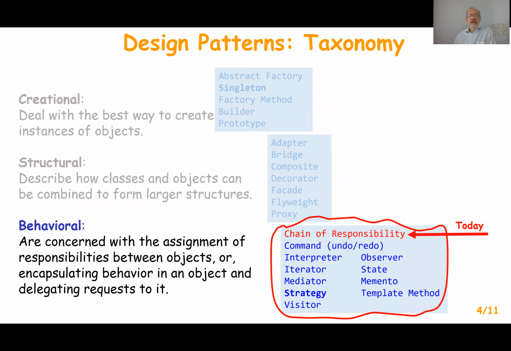That is patterns that are concerned with the assignment of responsibilities between objects. They concentrate on behavioral aspects of functionality of objects, including mutual functionality of objects. And as you see on the slide, today we will discuss just one pattern, which is called chain of responsibility. Okay, what's the point?